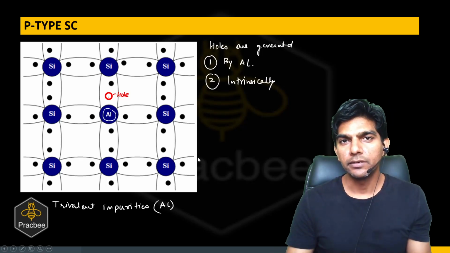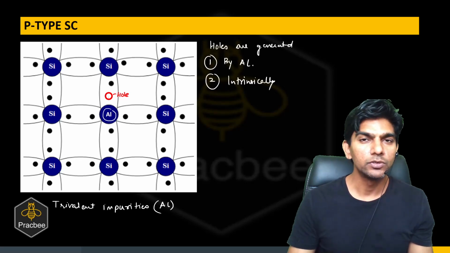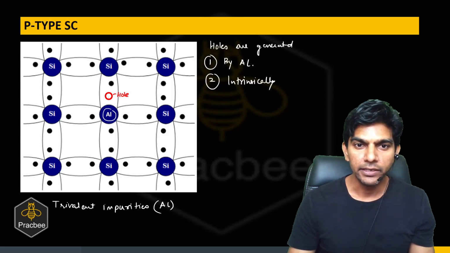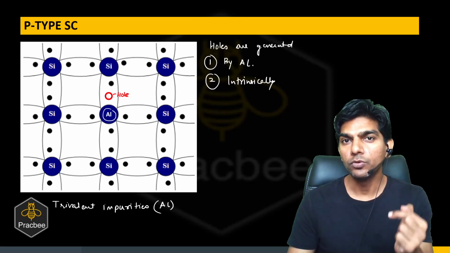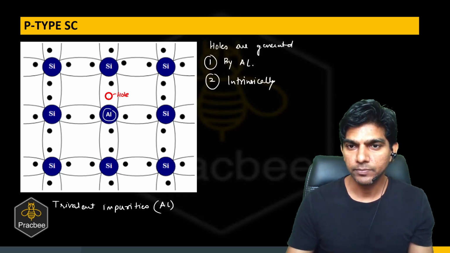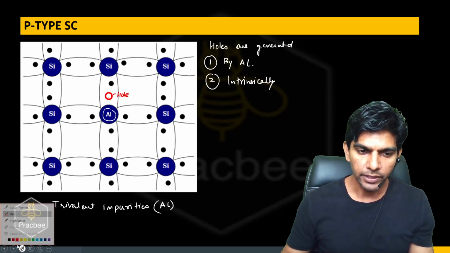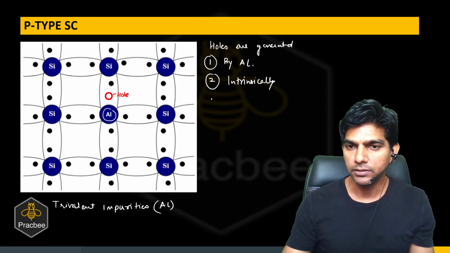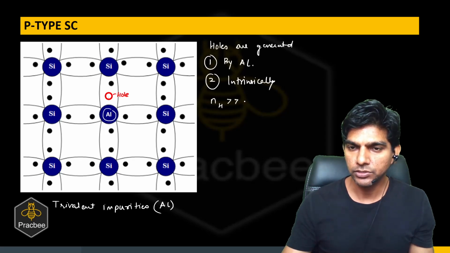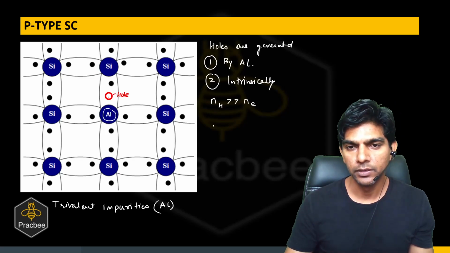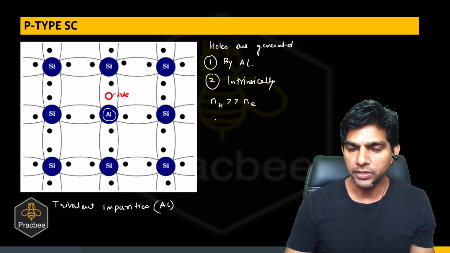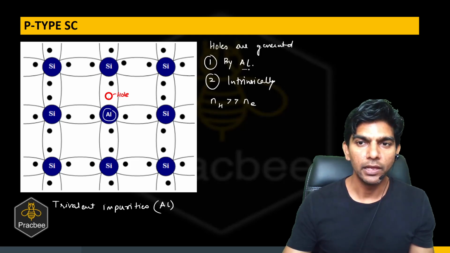So can you see the concentration of holes will be large in comparison to the concentration of electrons? And the concentration of electrons will further go down due to the recombination process. So in p-type semiconductor, the concentration of holes will be very large in comparison to the concentration of electrons, and the majority of the holes are due to aluminium atoms.